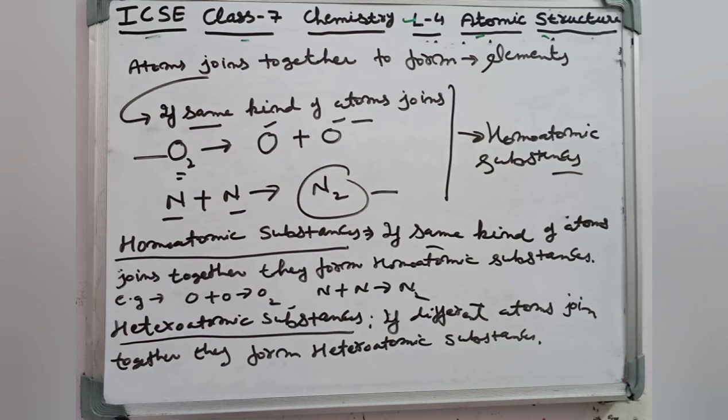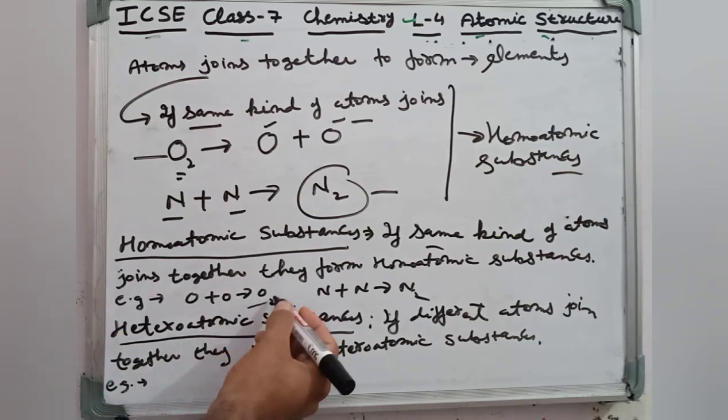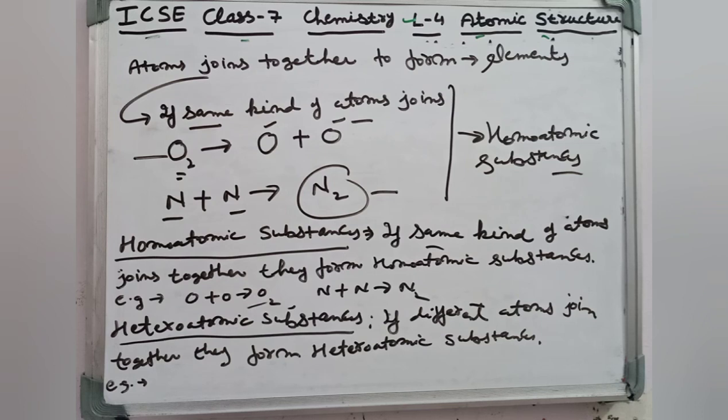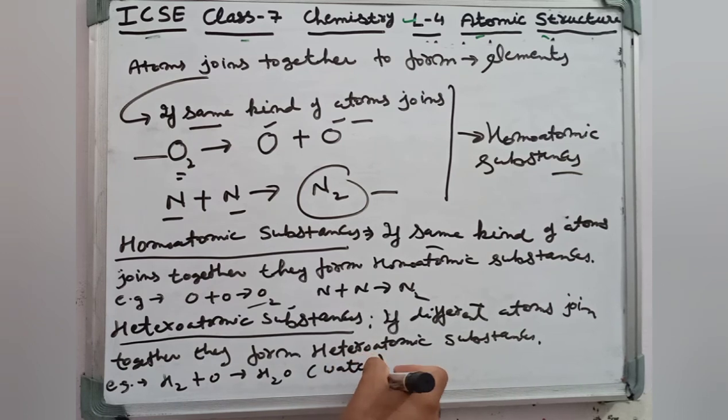So they are also abundant. The first lifeline was oxygen, made by same kind of atoms. Now the second lifeline is water, H2 plus O, this is water, right?